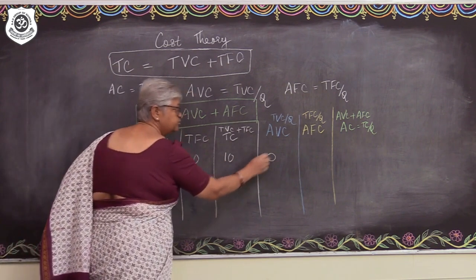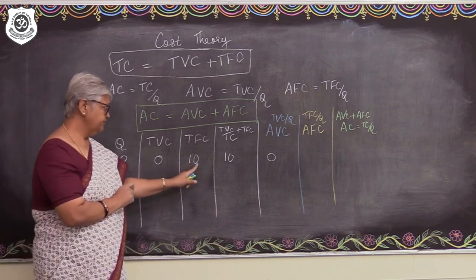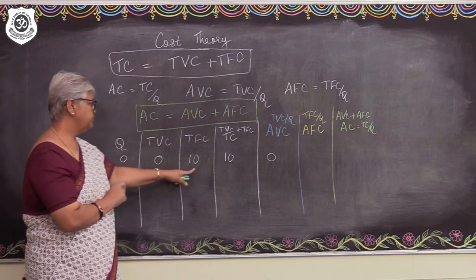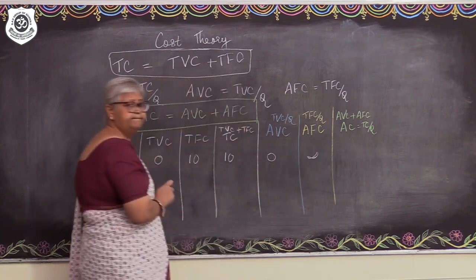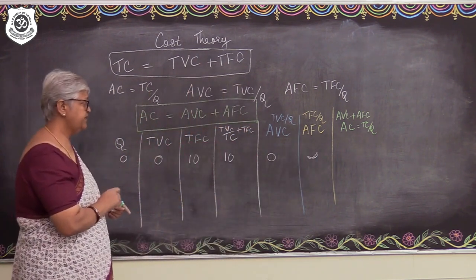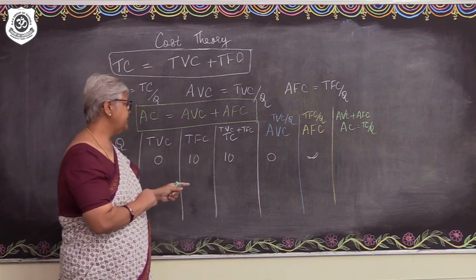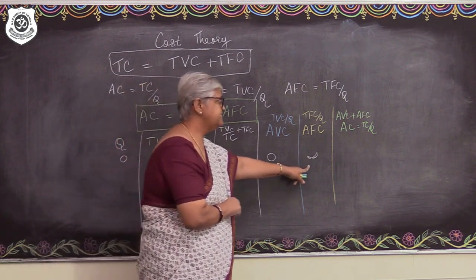So that will be 0. Fine. What about the average fixed cost? That will be the total fixed cost divided by the level of output. So 10 by 0. So let's say that will be infinity. Right? Okay. So then the average cost will be the summation of the average variable cost plus this.